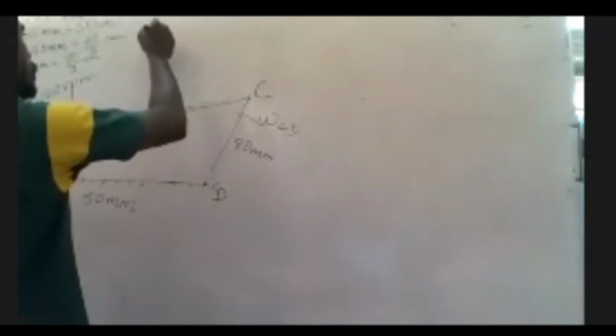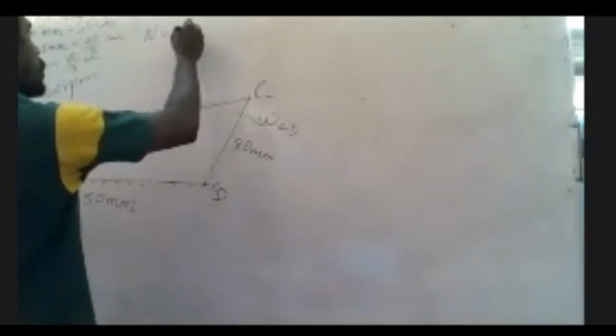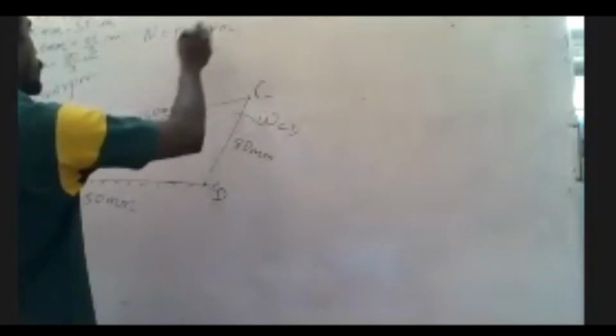Now we will use the given data. Data one is N equal to 120 r.p.m. So I can convert it to omega.